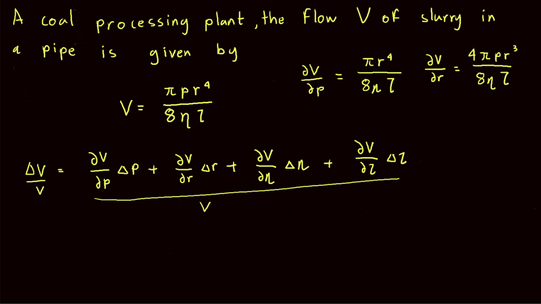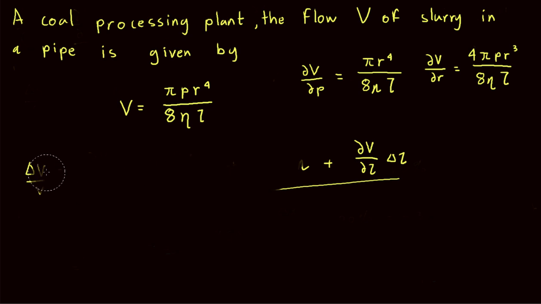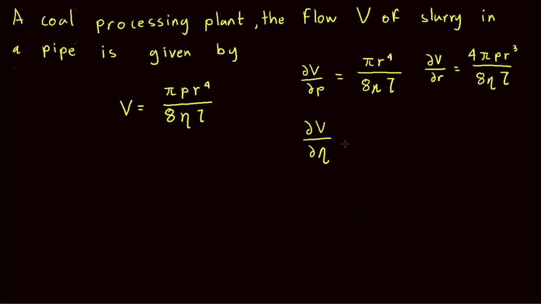Now we come to the other derivatives. Let me erase this by the way because it's taking a bit of space. Then we have del V over del nu. Everything else is just a constant, so it's pi P r to the power of 4 over 8 L times negative nu to the power of negative 2, which I can simply rewrite right away.